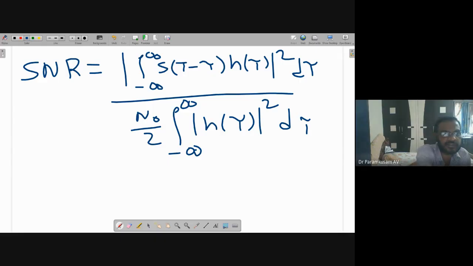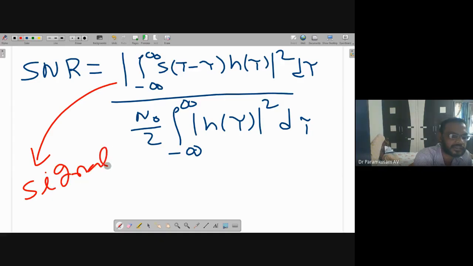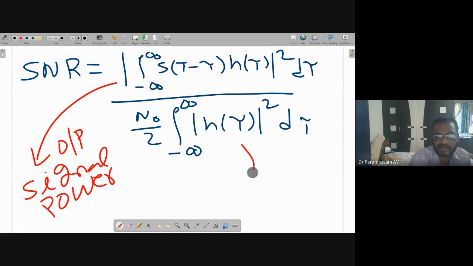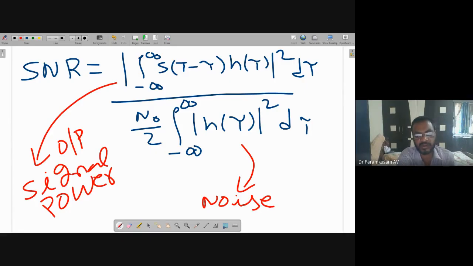Actually, this numerator indicates the output signal power. This denominator indicates the noise power. Note that the output signal power is in the numerator and the noise power is in the denominator.